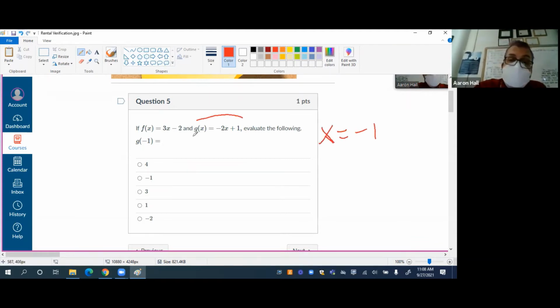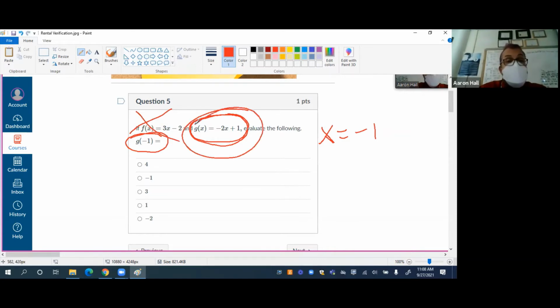I'm going to use this equation. Maya, why am I using this equation and not this equation? Because I'm asking for g of -1. That's not f of -1. It's g of -1. So I'm going to use that function. I have g of x equals -2x plus 1.